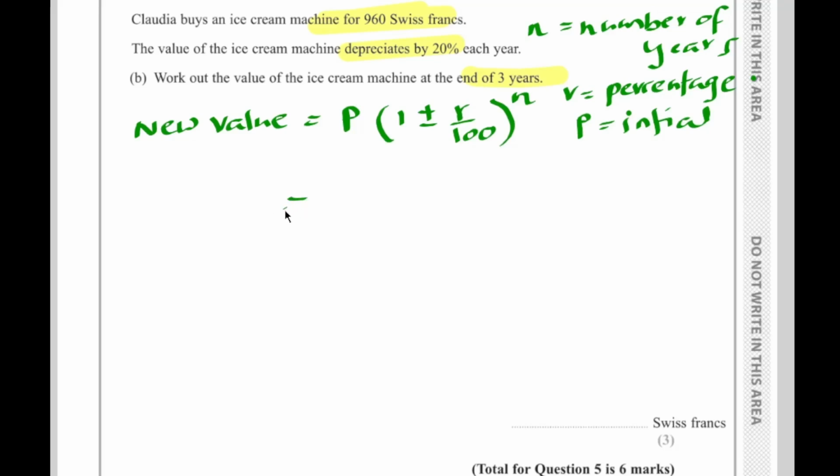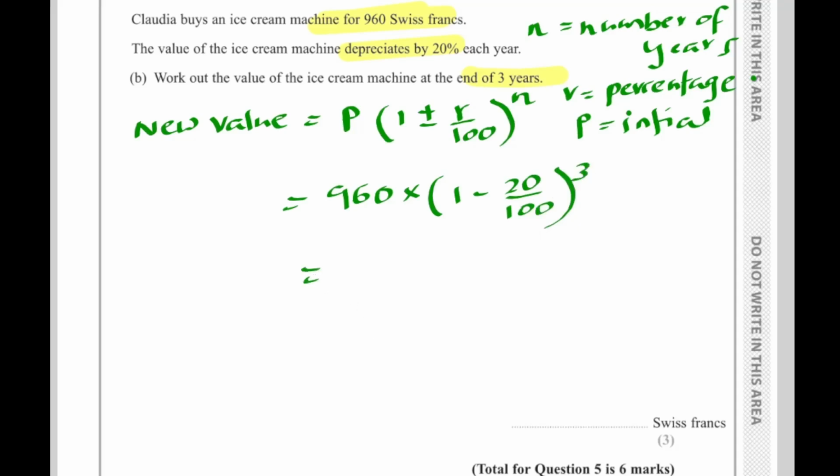So let's substitute. The cost for that ice cream machine was 960 Swiss francs. 1, this gets depreciated, therefore minus 20 over 100. How many number of years? 3 years of time.